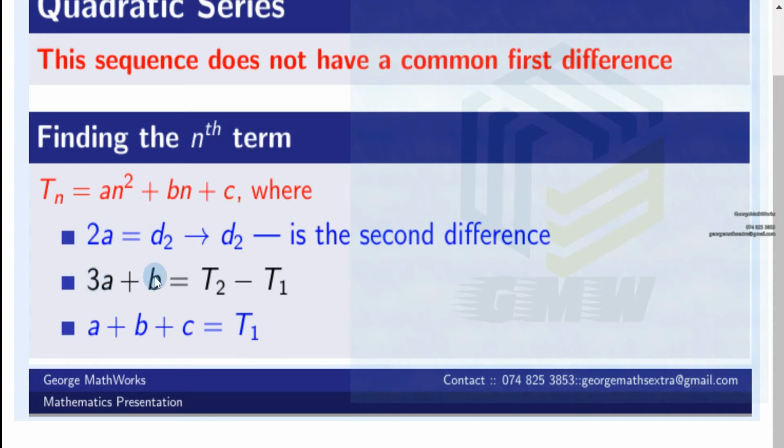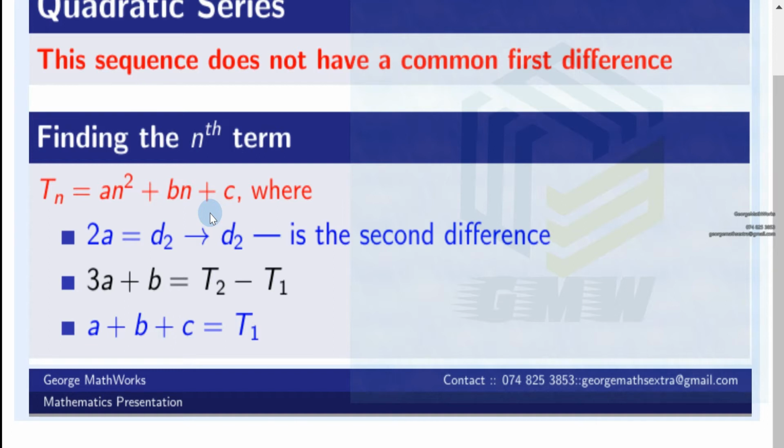Then 3a plus b is equal to t2 minus t1. We shall see where all of this is coming from. Now, we have a plus b plus c is equal to t1. So, if you manage to master these three together with this general form, then you shall be able to answer most of the exam questions based on what is coming.